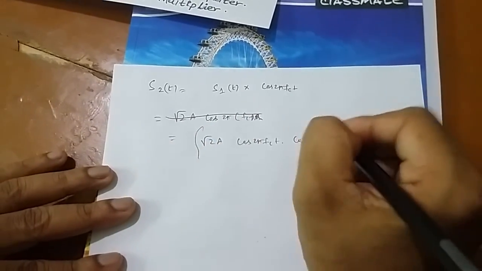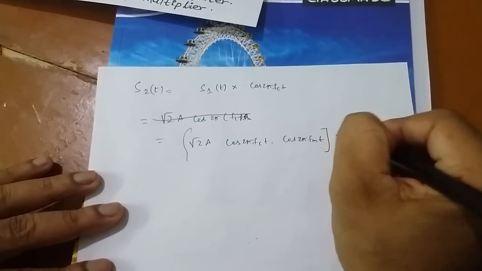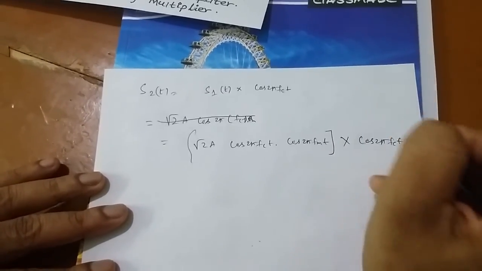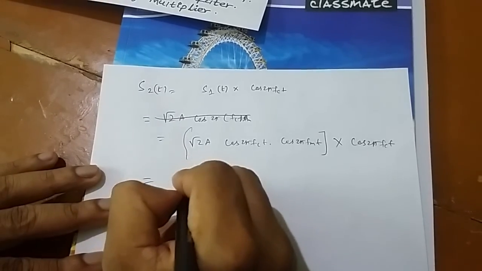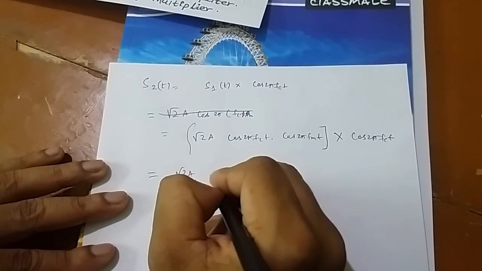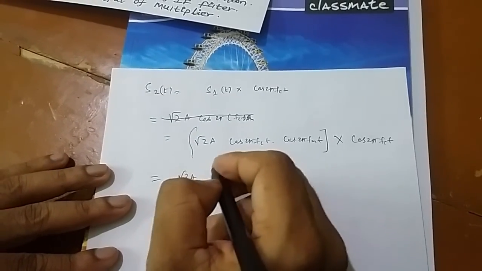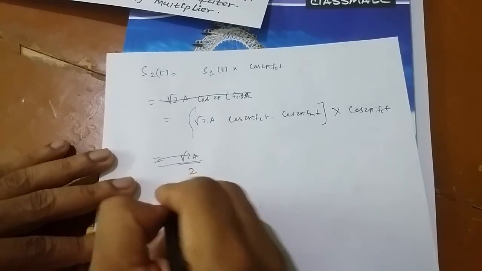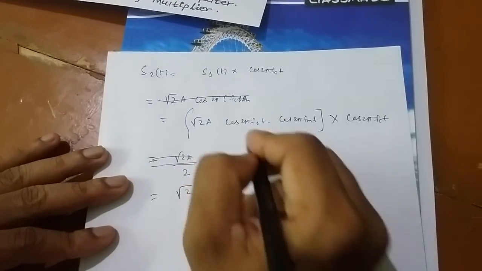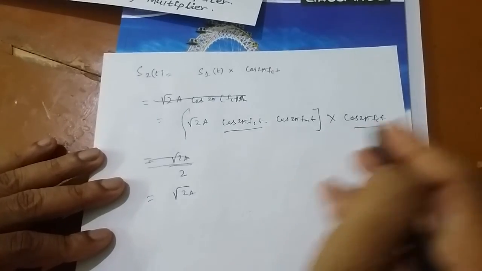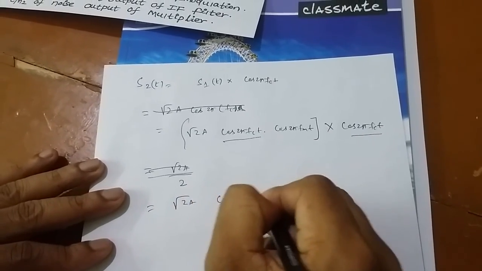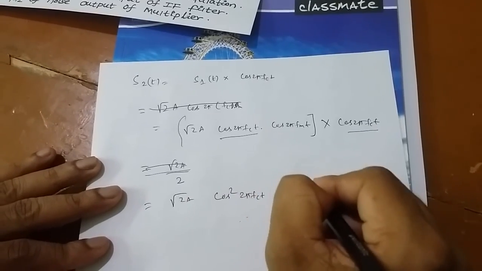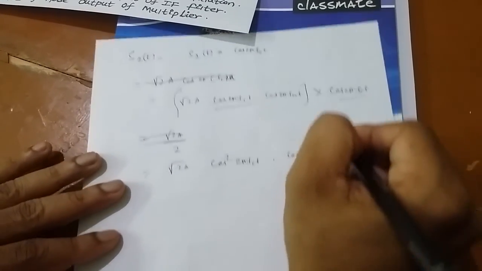Into you have to multiply cos 2 pi fct. Now this becomes root 2a, this cos 2 pi fct, this cos 2 pi fct, that becomes cos square 2 pi fct into cos 2 pi fmt.